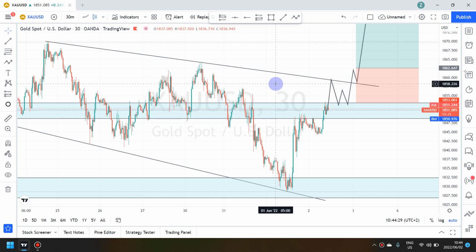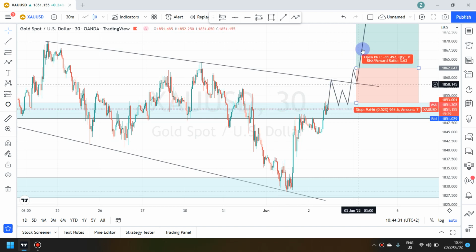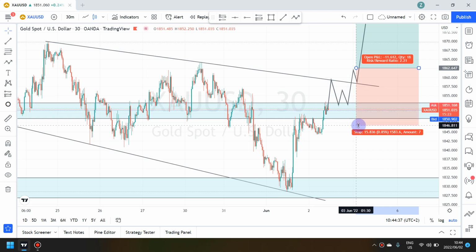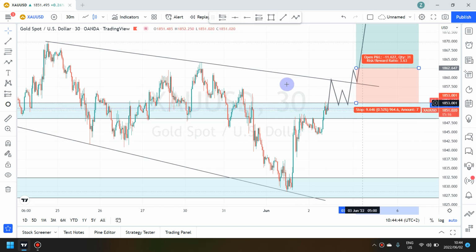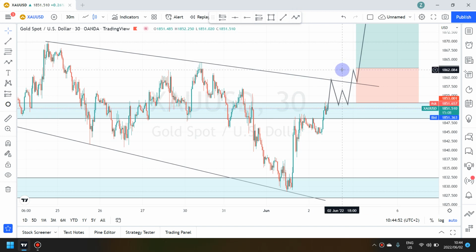So for me personally, with this buy trade, I can either place my stop loss here or below there, but what I'm going to do is place my stop loss manually. So I'm going to trade without a stop loss and a take profit. Even though it's pretty dangerous, as long as you keep your eyes on the trade, it's okay.